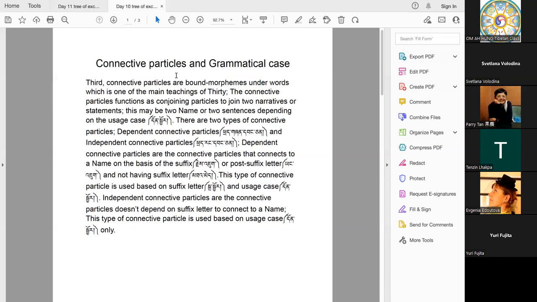So the dependent connective particles depend on two factors. One is the universal factor for both dependent and independent connective particle, which is the usage case, and the other one is specified for only the dependent particle, which is the dependency on the suffix letter, which is known as Dajur. So two very important concepts, Dajur and Tunjur.